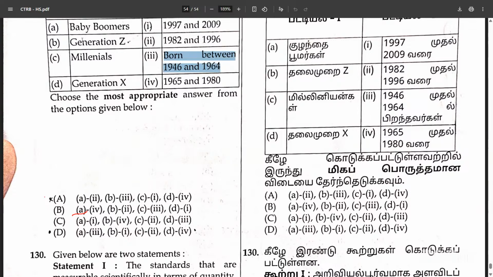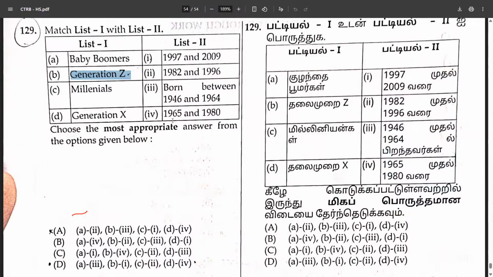Then Gen Z, a very trending term, you know. Gen Z typically includes those born in the late 90s and early 2010s. So it will be matched with 1997 to 2009. Then we have millennials. Actually, we all come in the category of millennials.